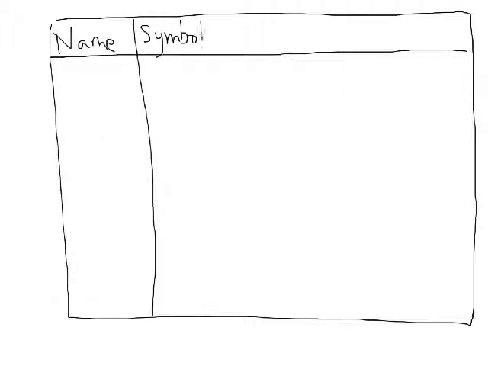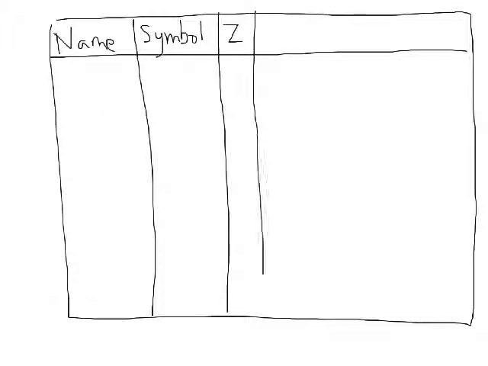We'll start off with popping in the name of the element. Then we'll pop in the symbol. Next along, what we call the Z, which is that top number. And that's what we call the atomic number.